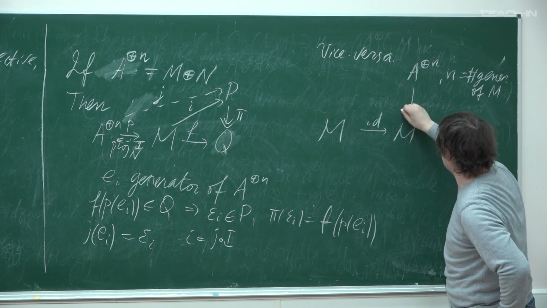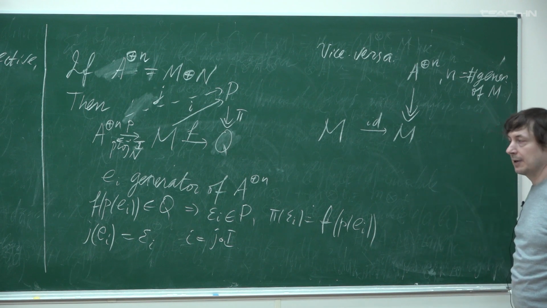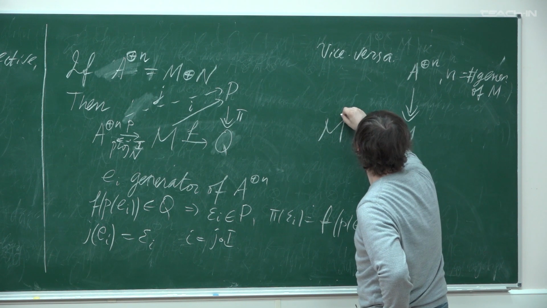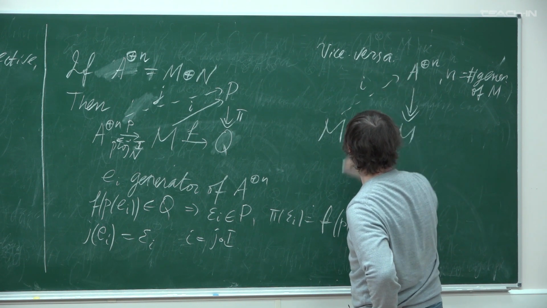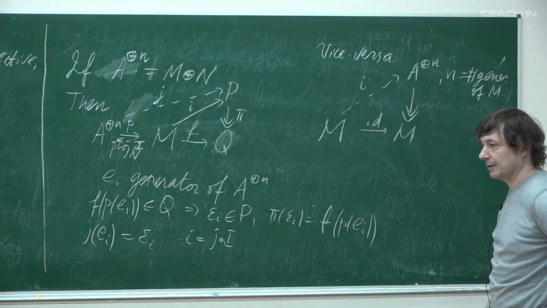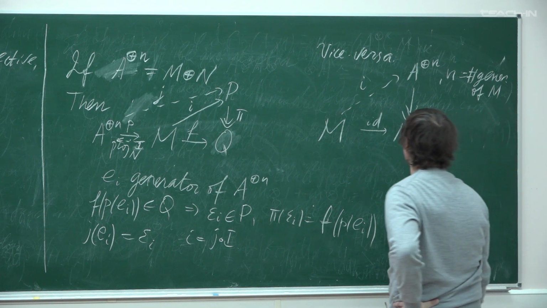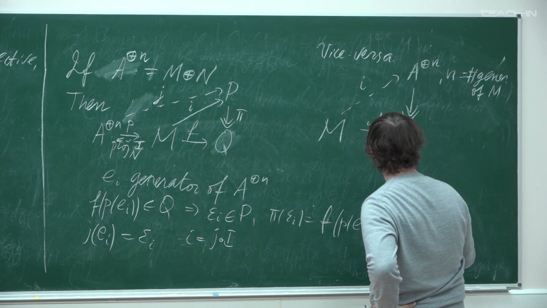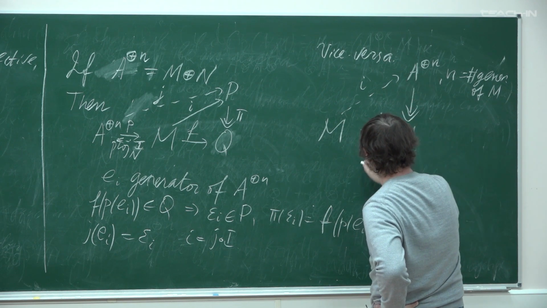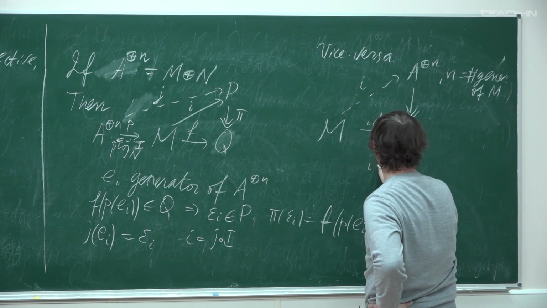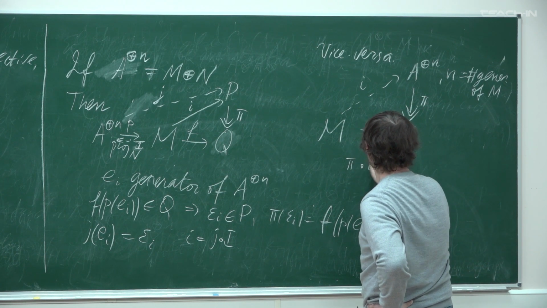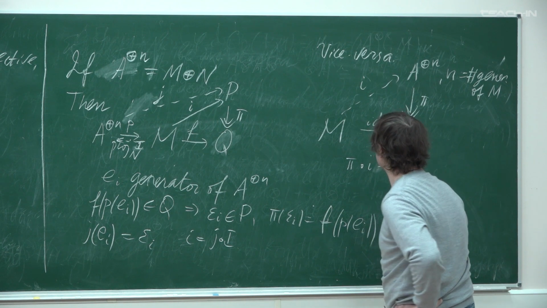This is, of course, epimorphic. So by the universal property, I have this injection. And it means that the composition of this injection and this projection pi is the identity.